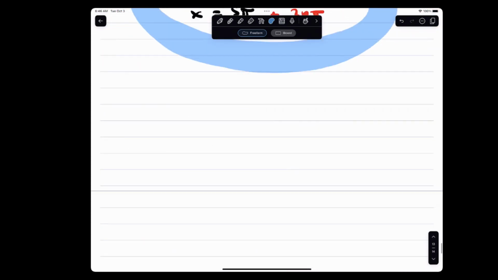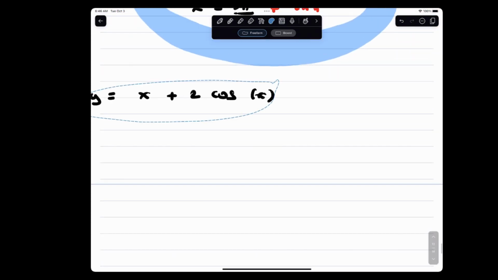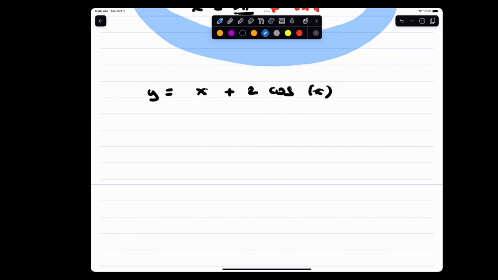So you might say, how do I get my y coordinate values? Okay, what's your first solution? Isn't x pi over 6? So guess what? Plug in pi over 6. Let's see, what's the corresponding y value?